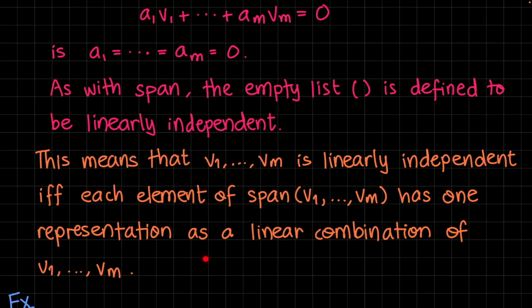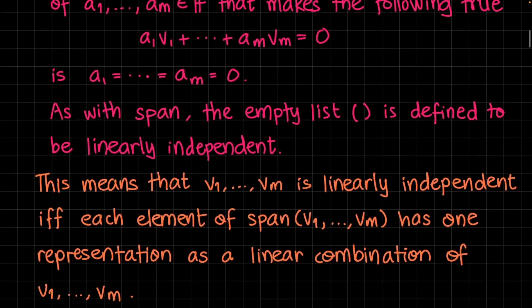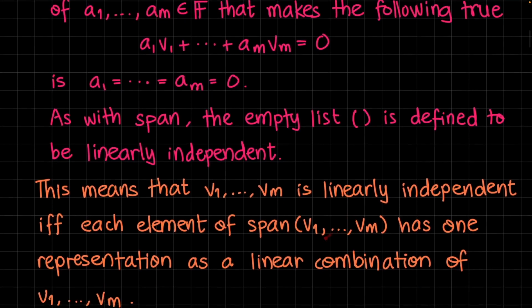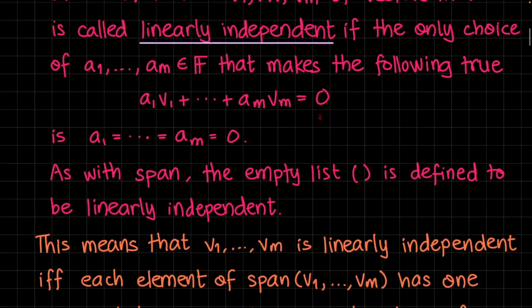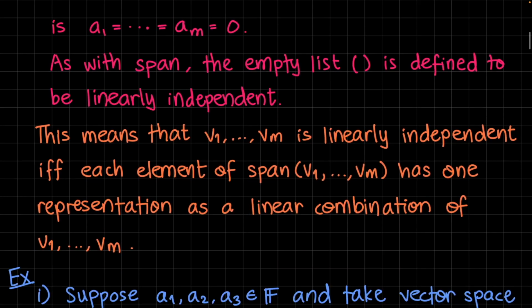There are no other coefficients if that list is linearly independent. This is easy to prove. This is how you proceed, like you prove any kind of uniqueness result. You assume a different representation exists, subtract them, and then use this definition: to write 0 as a linear combination, the coefficients have to all be 0 if the list is linearly independent.